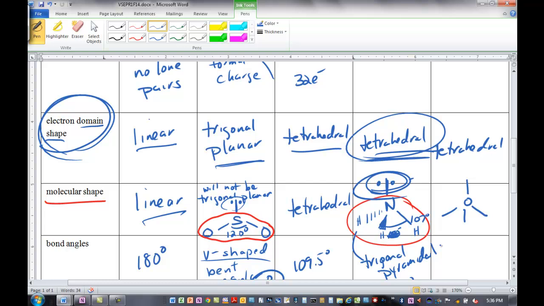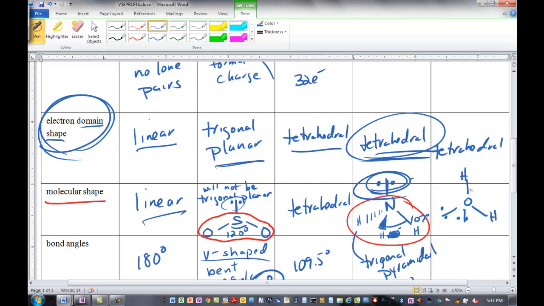Let me put my 2 lone pairs here on those. Turns out all positions in a tetrahedron are equivalent, so in 2 dimensions they don't look equivalent, but in reality they are. So look at your structure. If you build a tetrahedron correctly, all 4 positions are equivalent.